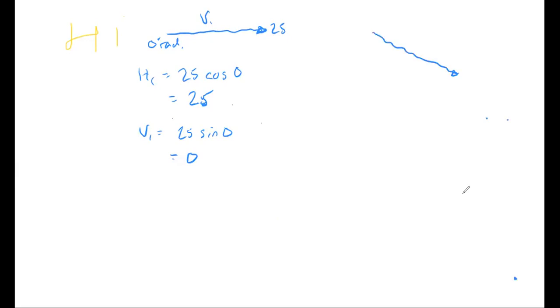That is downwards pi over 6 radians. And the length of it is, oh, this one's 15. That's the other one that's 25.